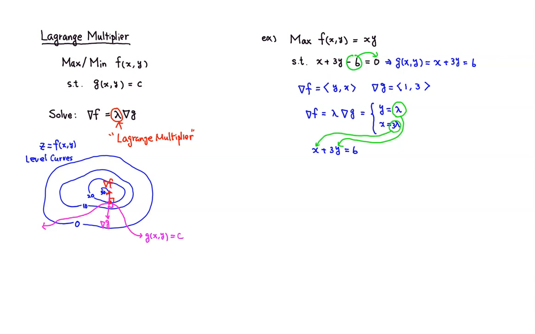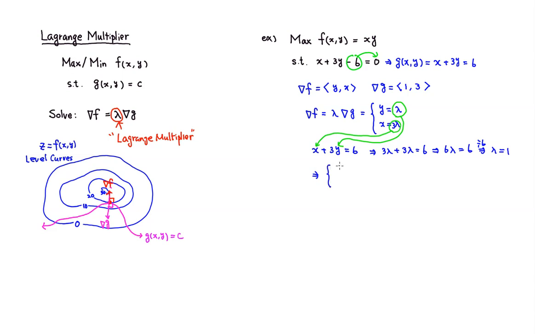So x is 3 lambda and y is lambda, so 3 lambda plus 3 times lambda is equal to 6, which gives us 6 lambda equals 6. Dividing through by 6, the lambda value is 1.